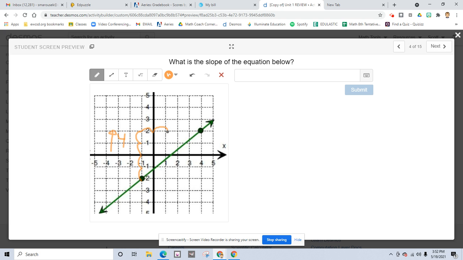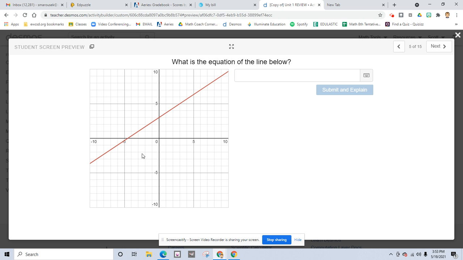Running 1, running 2, running 3, running 4, running 5. Running 5. Rise 4, run 5. 4 over 5 would be your slope. It's a positive fraction. That's a positive number, and it's good. It's going up. It's good for business. It's also 0.8 if it was a decimal.